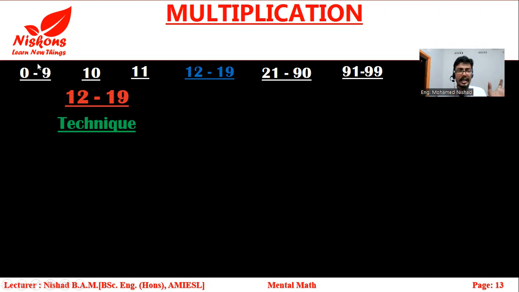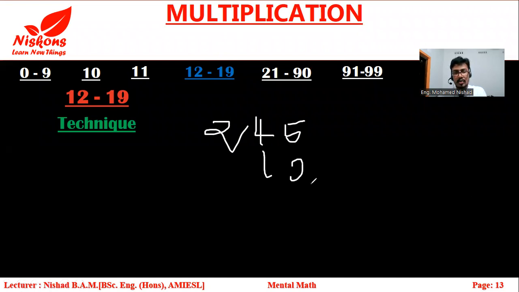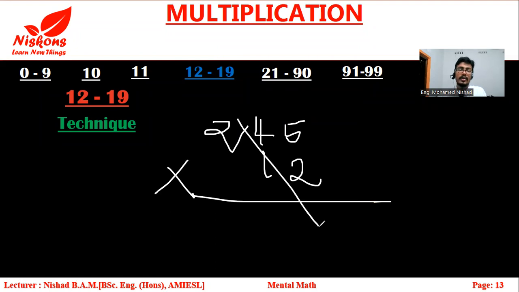The first number can be whatever number. But in this particular technique, both the numbers should lie between these two limits. As an example, if we are going to multiply 245 times 12, the technique will not work over here.